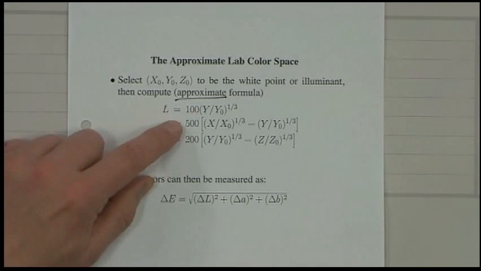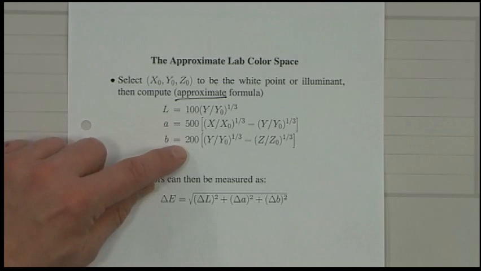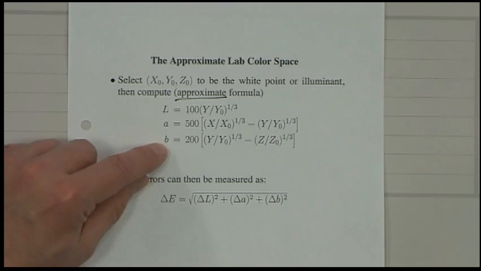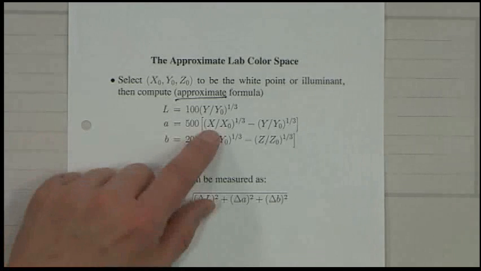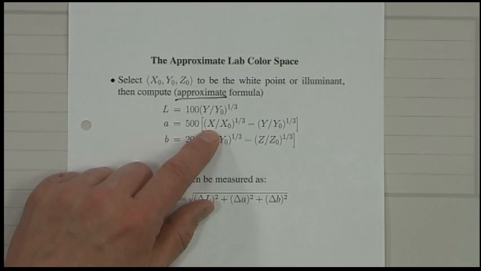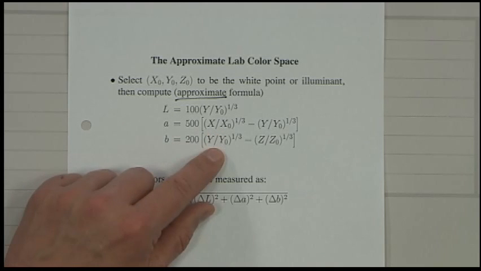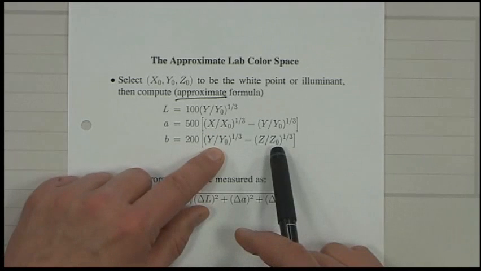And you multiply A and B by 500 and 200. The fact that A is larger than B makes sense because A is the opponent space associated with green minus, let me see, green minus red. So this is the red-green opponent coordinate, and this one is the blue-yellow.